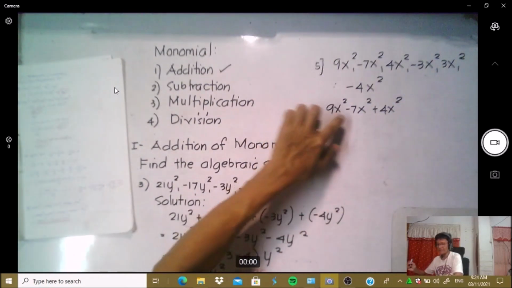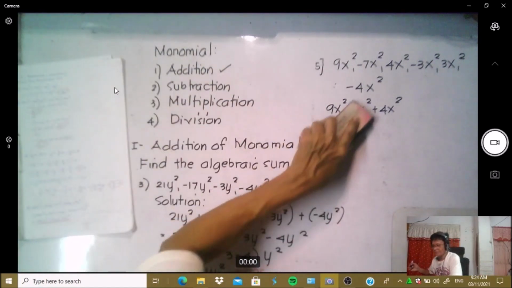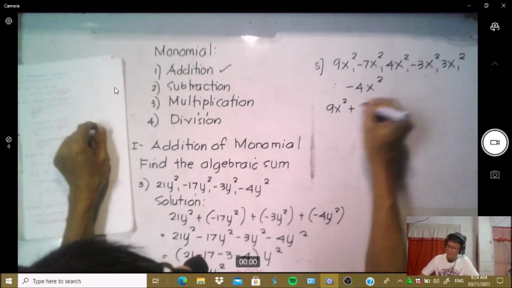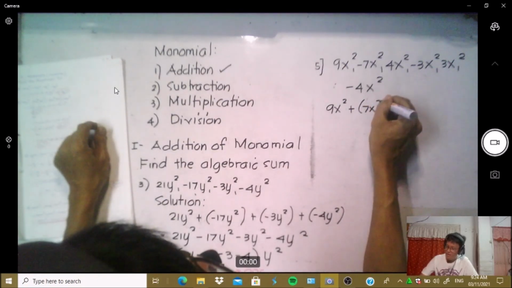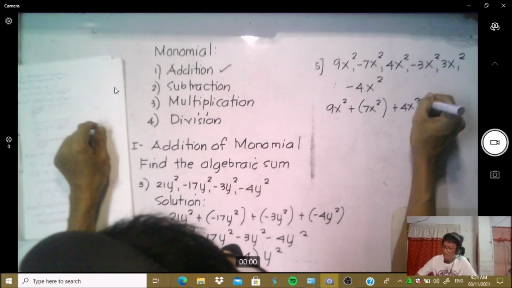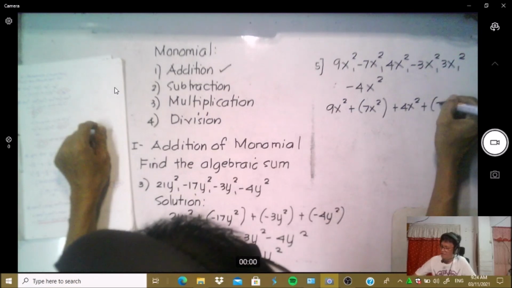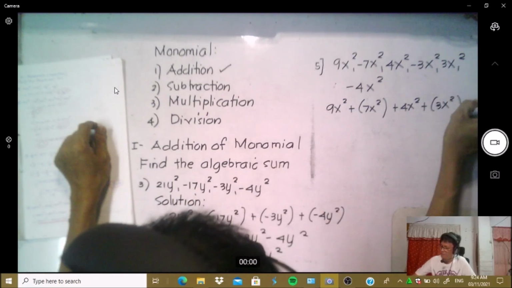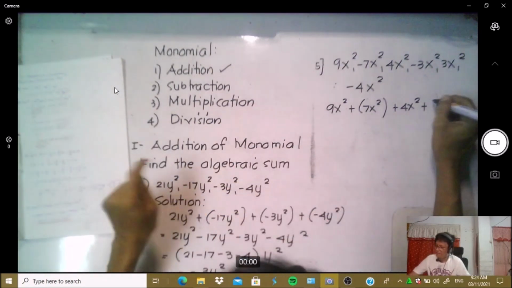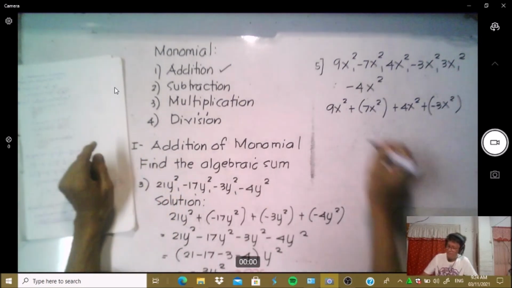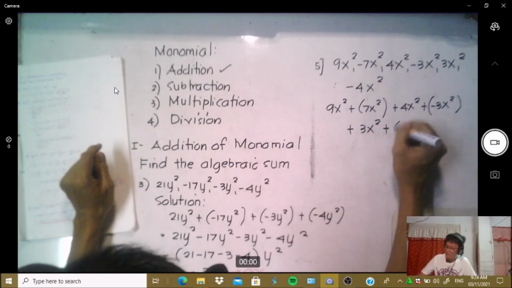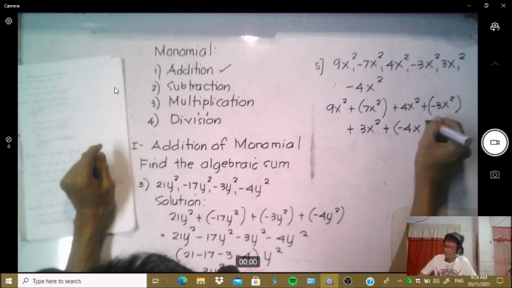Okay, but to make it correct for our procedure, let us add, so plus negative 7x squared, then plus 4x squared, then plus negative 3x squared, then plus 3x squared, then plus negative 4x squared.